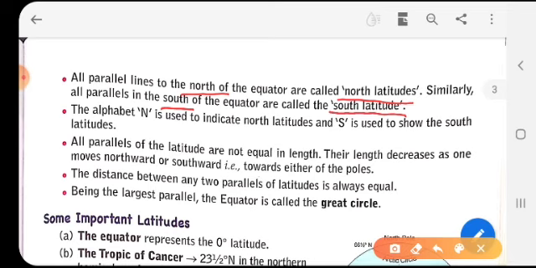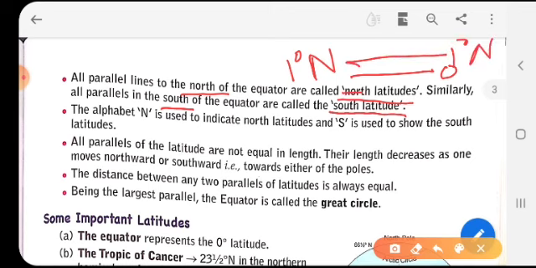So if you say 1 degree and write N, that means it is above the equator. This is 1 degree north, and below the equator it will be 1 degree south, and we indicate it with S and N for southern and northern latitudes.